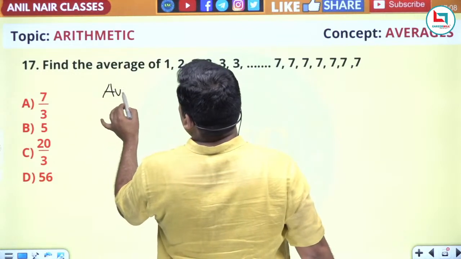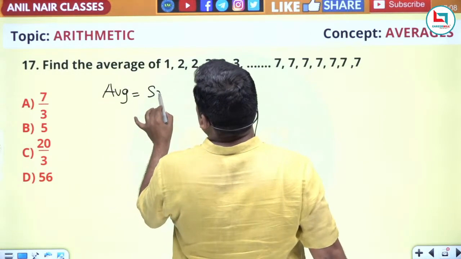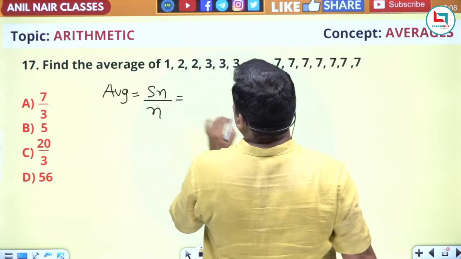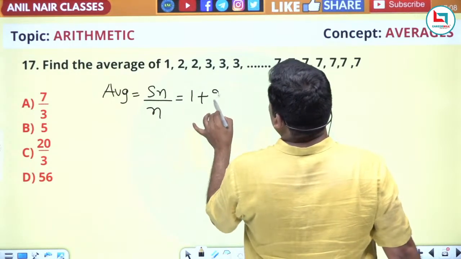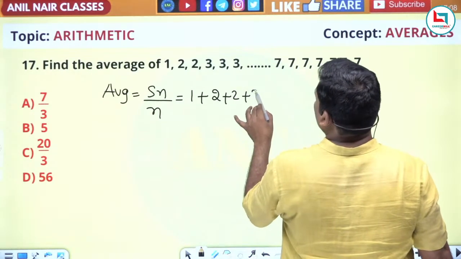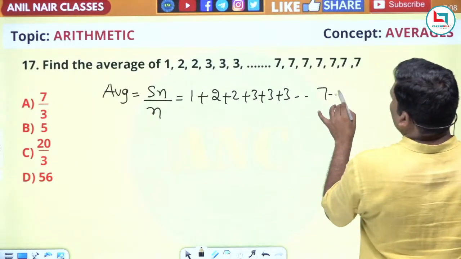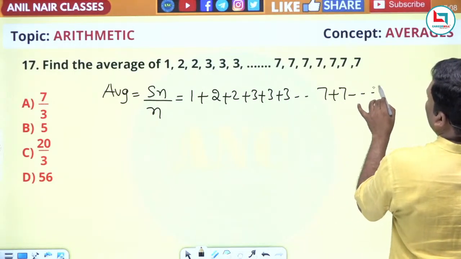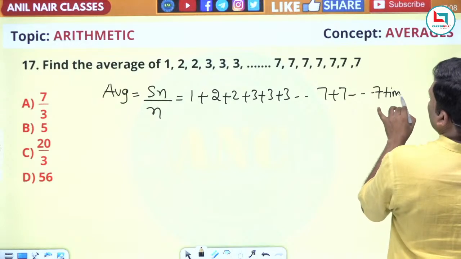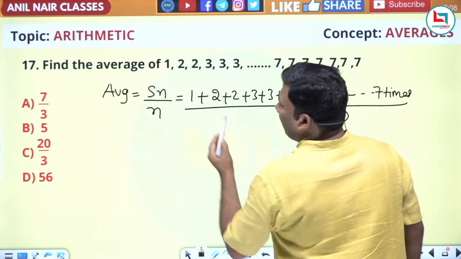Average is sum of the quantities by number of the quantities. Sum is given by 1 plus 2 plus 2 plus 3 plus 3 plus 3, and so on up to 7, 7, 7 added 7 times, divided by.